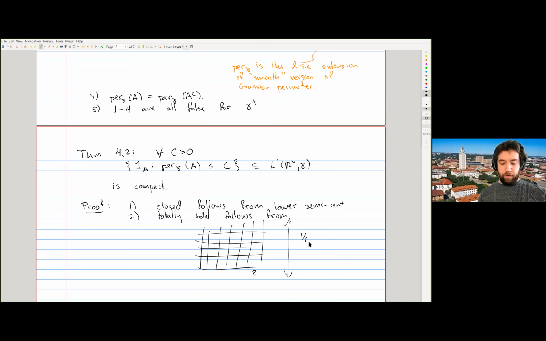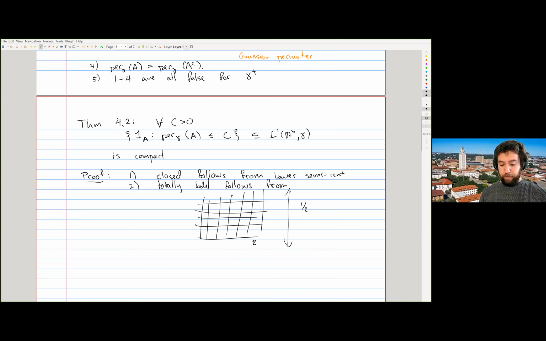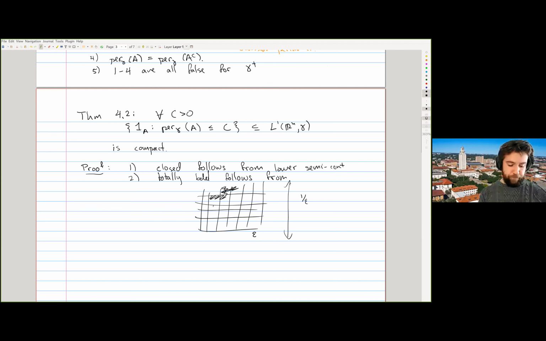So I'm covering most of Rn with very small boxes. And you look at functions which are measurable with respect to this grid, meaning every square is either completely filled in or completely not filled in. Right, sets of this form. Now for every epsilon, there are a finite number of sets of this form, and you can show that they well approximate everything in this class. The main issue being that in order to do that, you have to get estimates using the definition of perimeter of the number of boxes which are not very well covered.